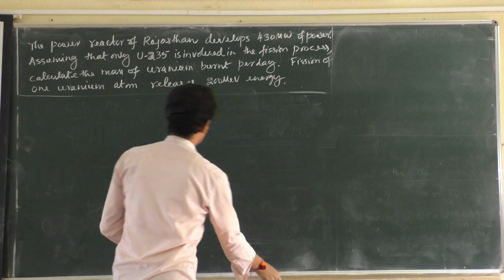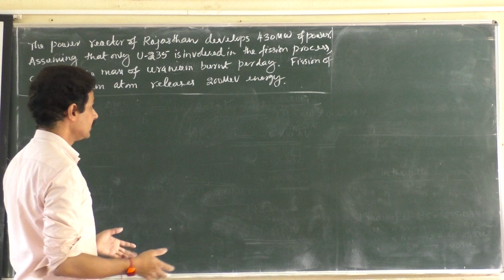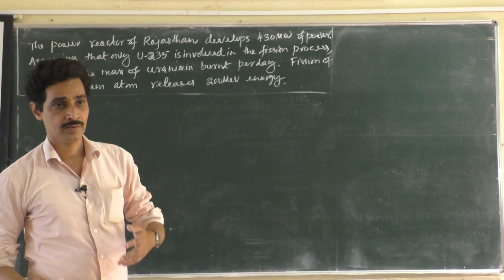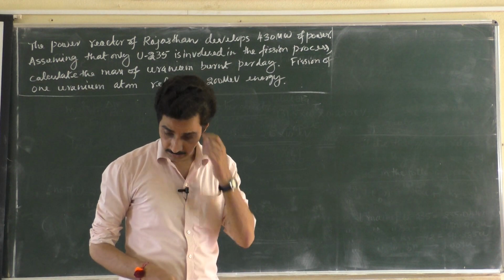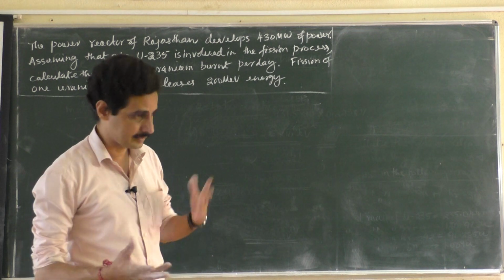Okay, what does it say? The power reactor of Rajasthan develops 430 megawatt of power. Here you see the total power is given. Last time we were asked to find out the power. You have to find out the total energy released, that's all.